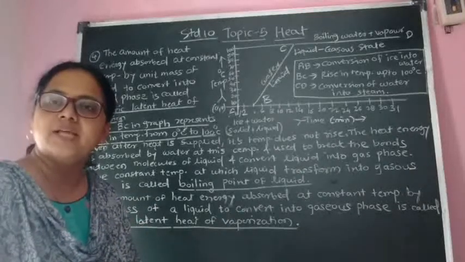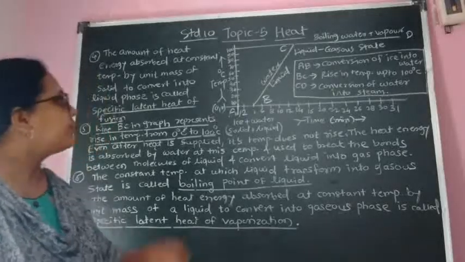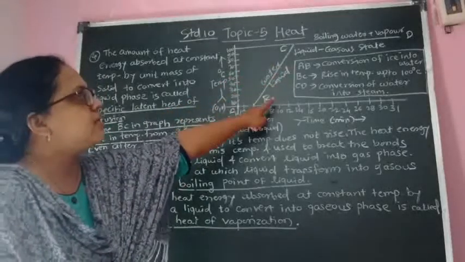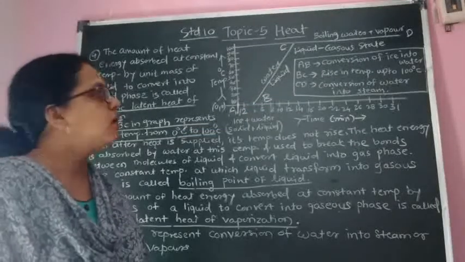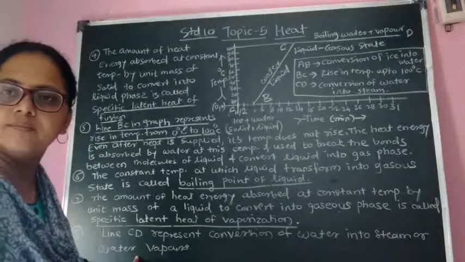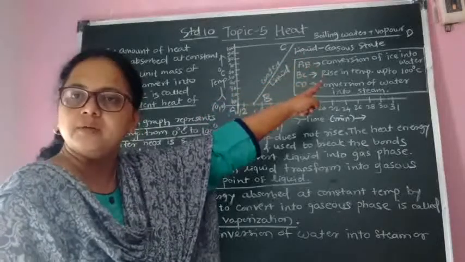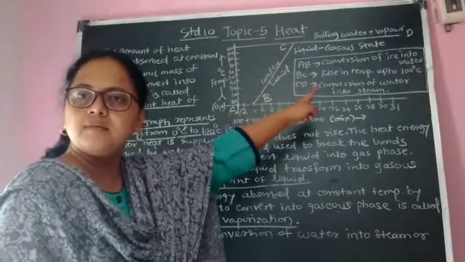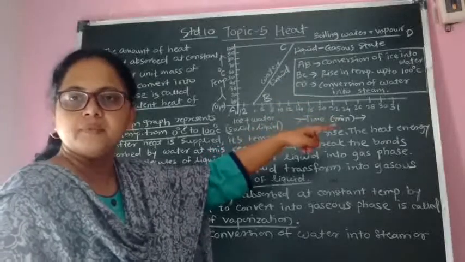You can see here the line CD represents conversion of water into steam or water vapors. In this graph you can see CD: boiling water plus vapor.